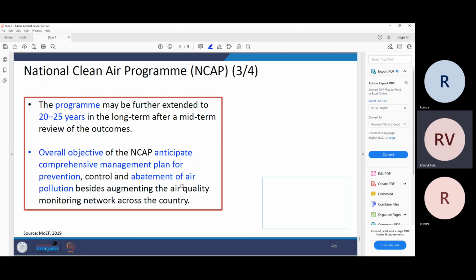And this program, if successful, may be further extended to 20 to 25 years in the long term after a midterm review of the outcomes. And the overall objective of the NCAP is a comprehensive management plan for the prevention, control and abatement of air pollution, besides augmenting the air quality monitoring network across the country.